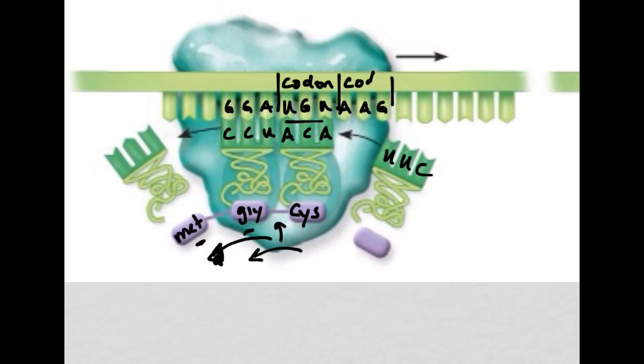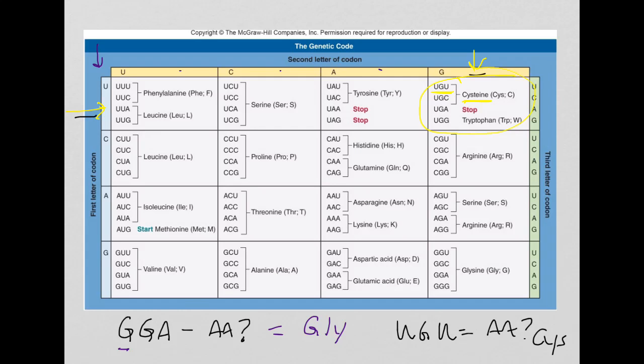Again, we'll use the codon. AAG is what we're looking for. So we'll clean this up again. This time we want AAG. Okay, so AAG, the first letter is an A. Second letter is an A. So that's here. So we're looking at this box right here.